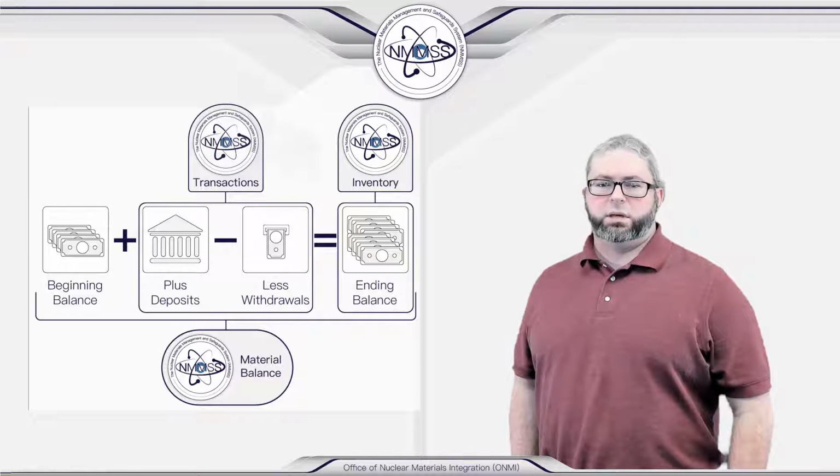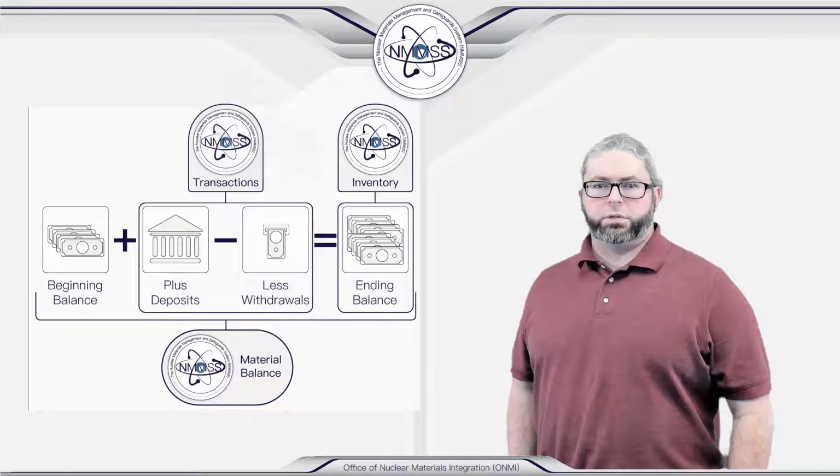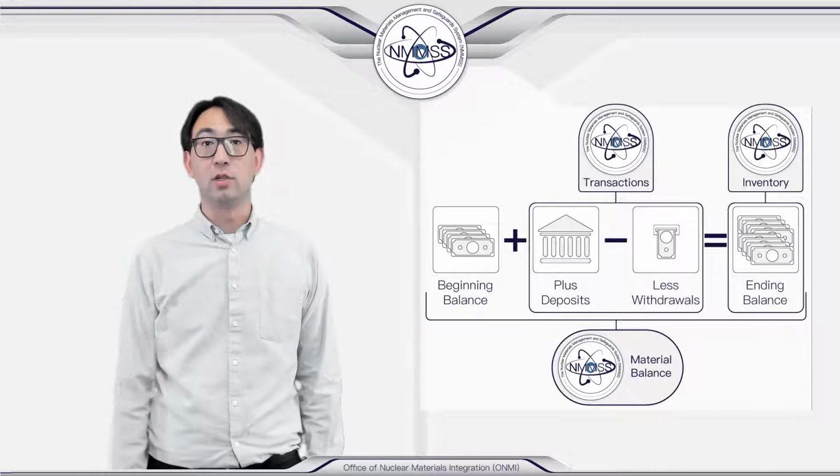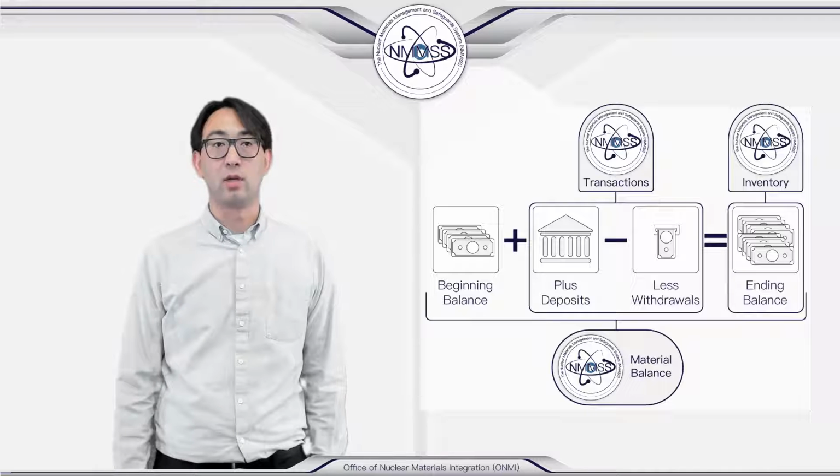As shown in the example, DOE sites and NRC licensees report the movement of nuclear materials in and out of their facilities, as well as any internal activities that may affect their physical inventory. DOE and NRC facilities also report physical inventory data to NMMS.